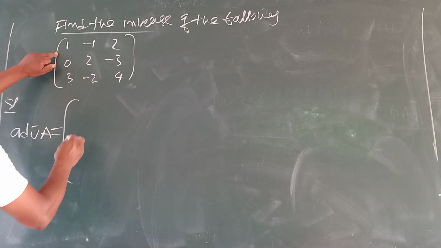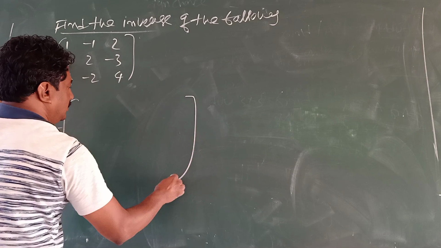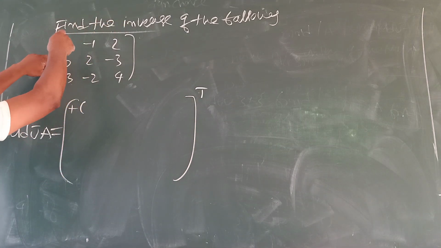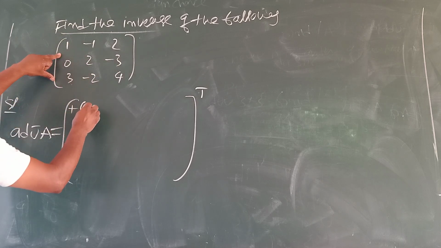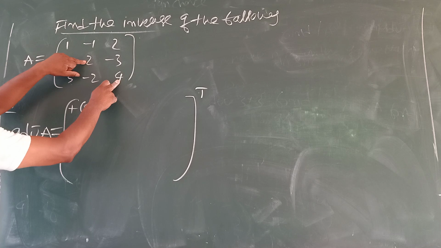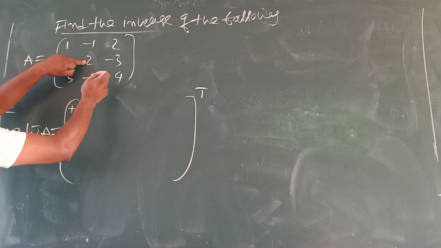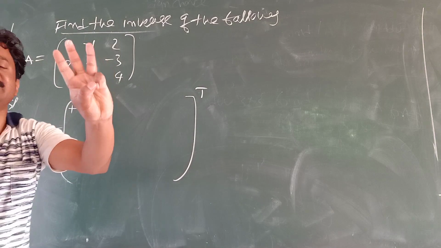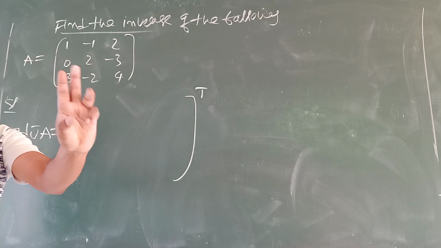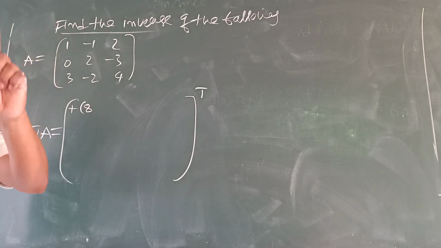Plus, row column, 4 twos are 8. After this multiplication we use 1 minus, but already here we have 2 minuses. Totally how many minuses? 3 minuses.